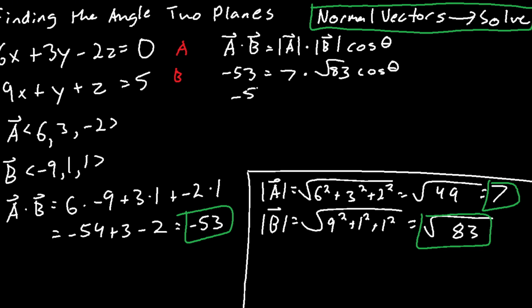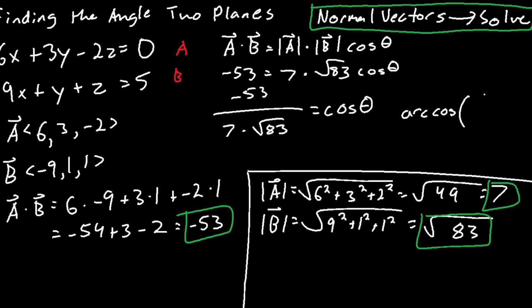Okay, so after that, isolate cosine of theta, and then you get arc cosine of negative 53 over square root of 83 times 7, equals theta.